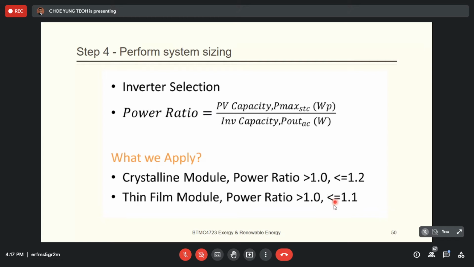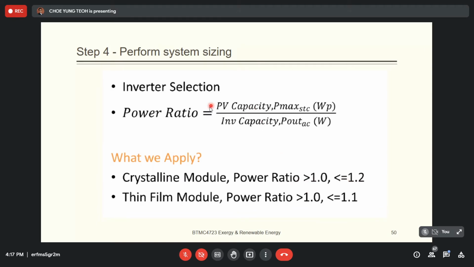Okay, maybe something like this. What do you think if I have 2 inverters? One gives you a power ratio of 1, one gives you a power ratio of 1.2. Which one should be better? Okay, we cannot say which one is better. But if the power ratio is close to 1, what happens?